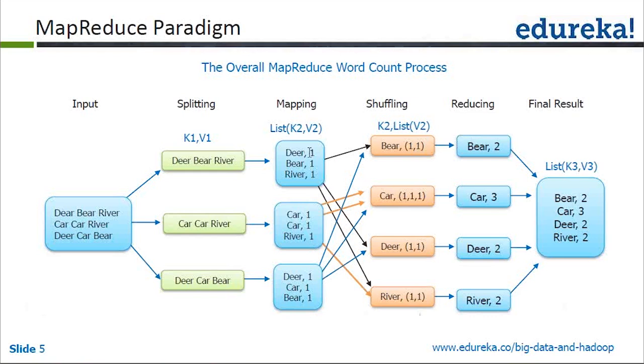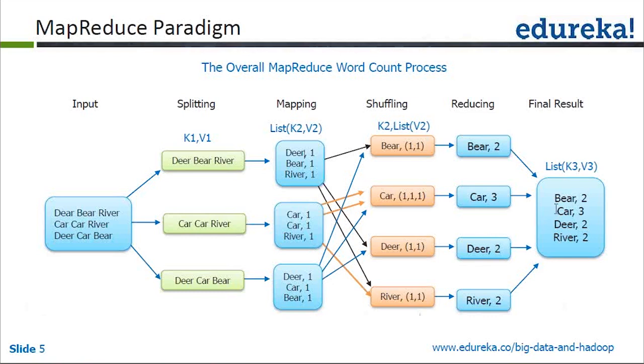So at the mapper side you have segregation, and at the reducer side you have aggregation. All the words and their respective ones are summed up. So bear is appearing 2 times, so the final count is 2. And then same for the other words that are there in the file.